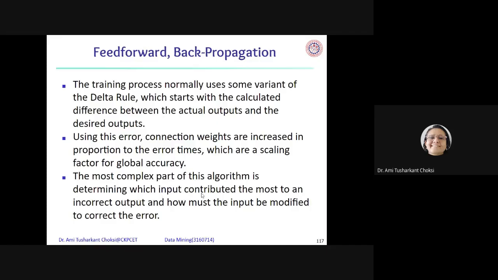The most complex part of this algorithm is determining which input contributed the most to an incorrect output and how the input must be modified to correct the error.